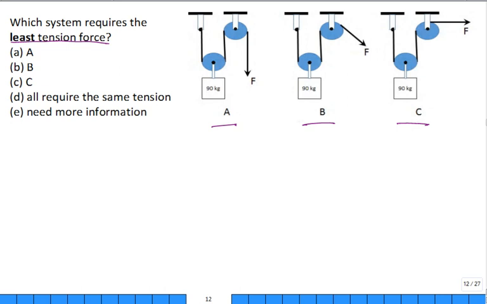So what would be the helpful free body diagram to solve this problem? Free body diagram maybe around this pulley? Would that help? Sure. Okay, if you do that, you find the tension, tension, weight, the tension, tension, weight. True or false?